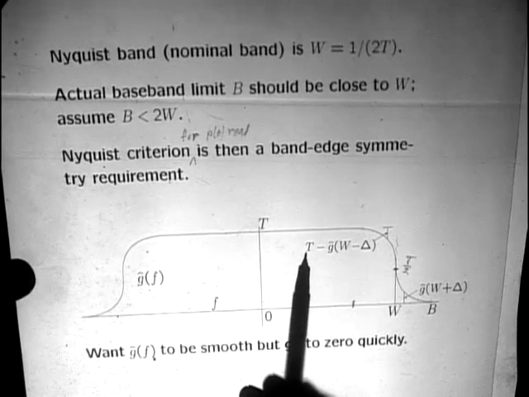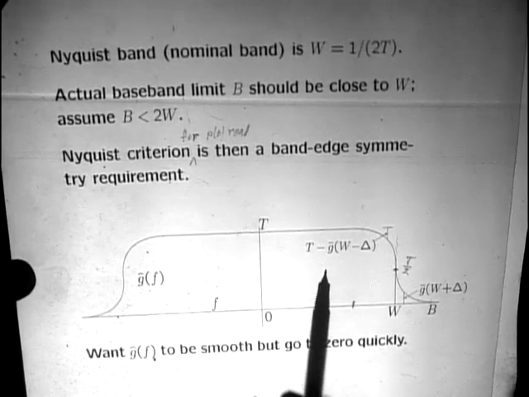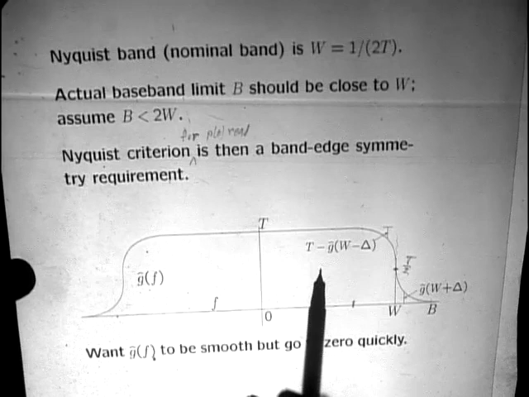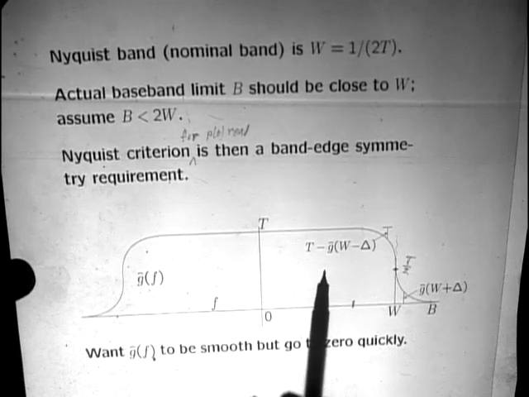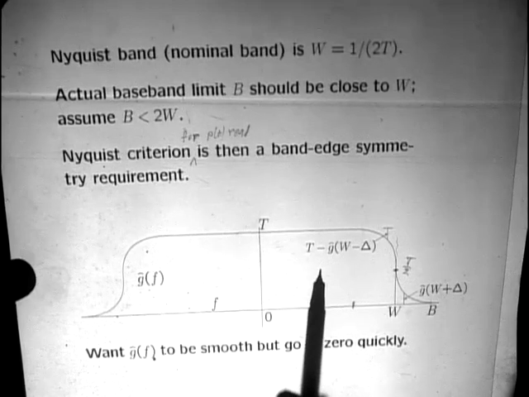If you have a slope discontinuity, g of t is going to go to 0 as 1 over t squared. If you have a second derivative discontinuity, it's going to go to 0 as 1 over t cubed. Now, 1 over t cubed is not bad, and filter designers sort of live with that.